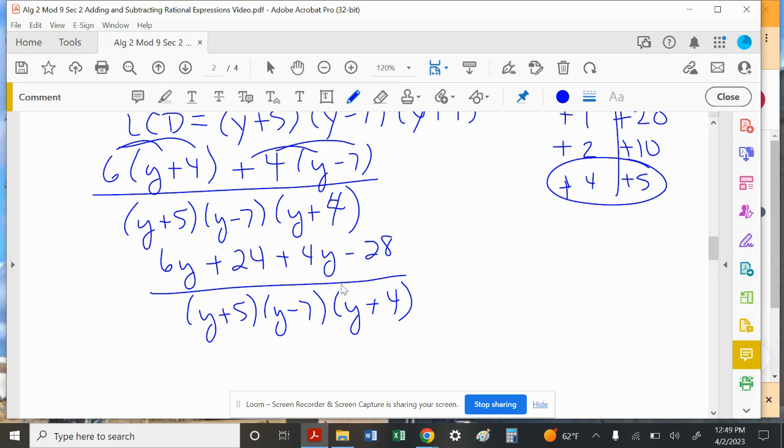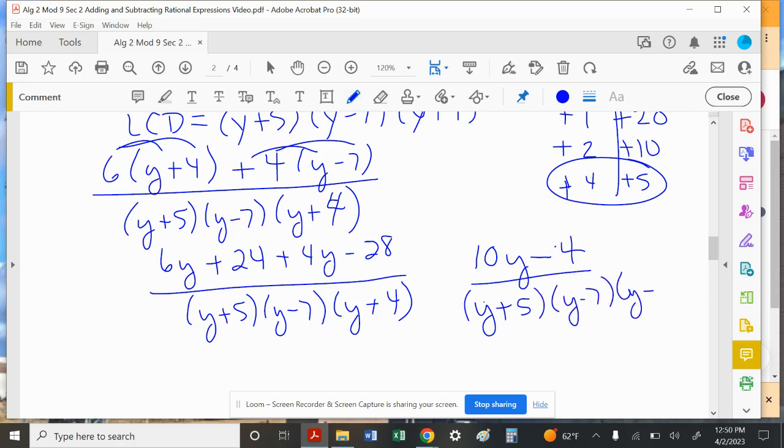Combine like terms, 6y and 4y is 10y. 24 minus 28 is minus 4. All over y plus 5, y minus 7, y plus 4.